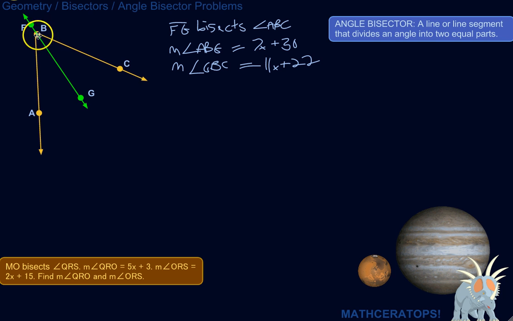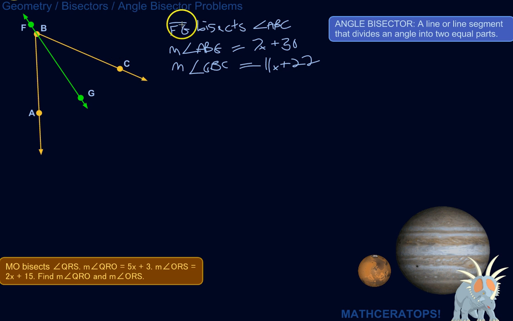Which means that this angle measurement and this angle measurement are congruent. They're equal. They're the two halves of this greater angle. So knowing that information, if you have a bisector, you can figure out some cool stuff.